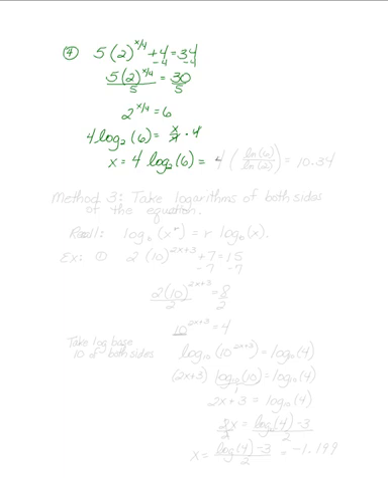If not, we'll use the change of base formula to change from log base 2 to either log base 10 or log base e. Since I used log base 10 on the previous example, I'm just going to use log base e on this one. So log base 2 of 6 is the same as the natural log of 6 divided by the natural log of 2.